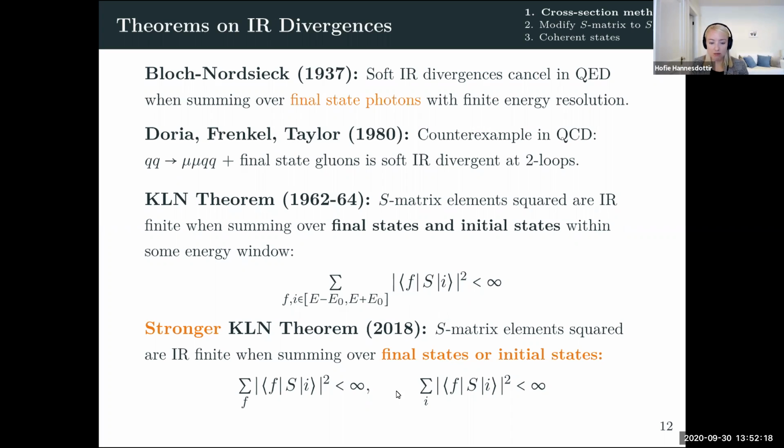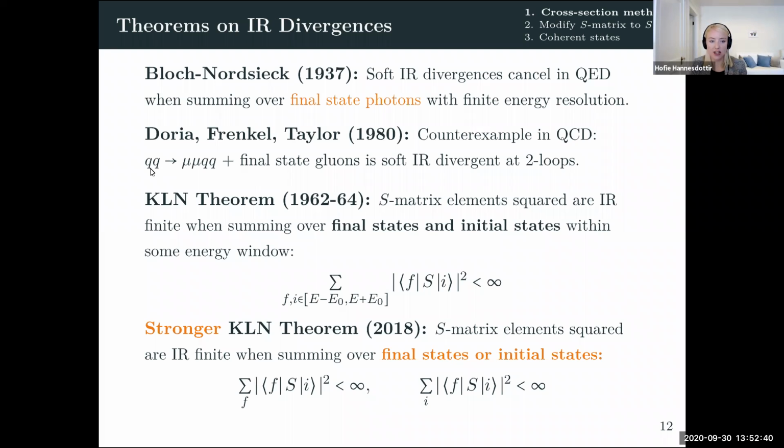But you might now ask, how is this consistent with Doria, Frankel, and Taylor? I just told you that you couldn't just sum over final state gluons. But notice that there's a difference here. In Bloch-Nordsieck, you want to sum over final state photons, which in QCD would be to sum over all final state gluons.